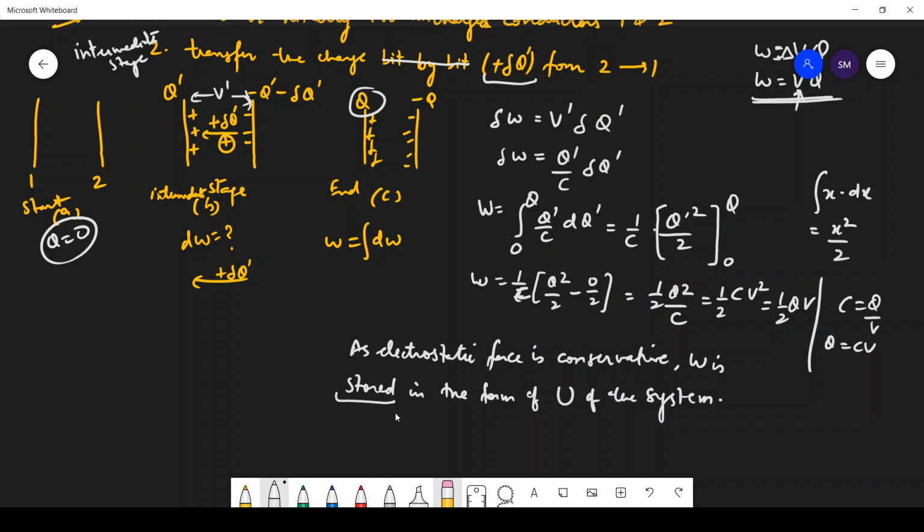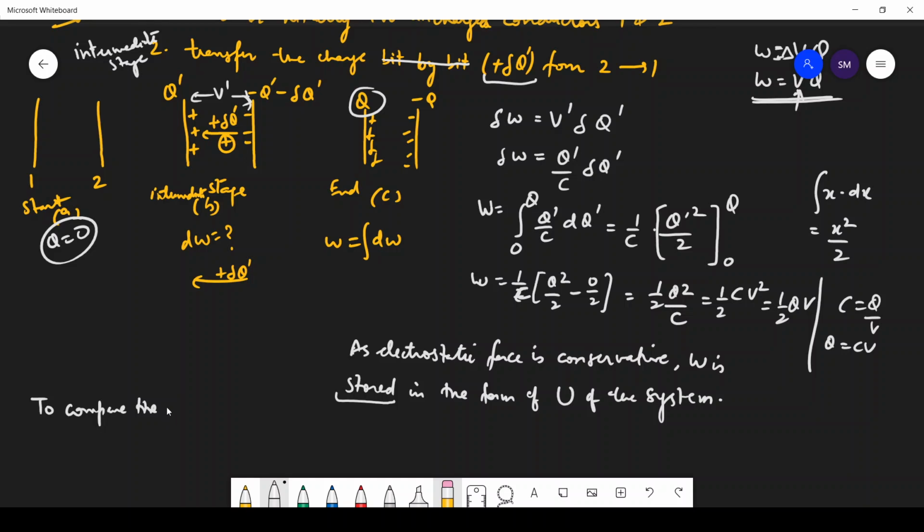Now we need to find the energy density. We want to compare two. When we want to compare the energy stored by two capacitors, how are we going to compare them?